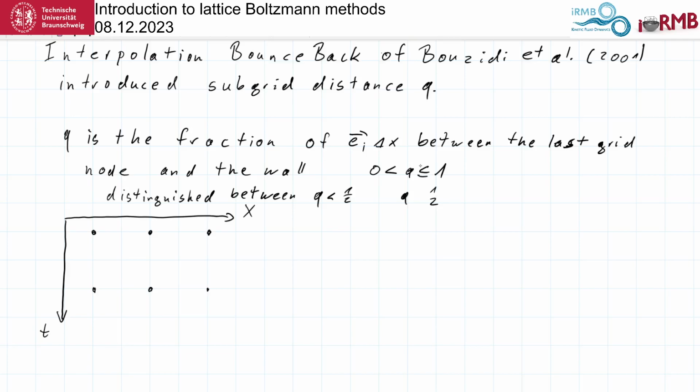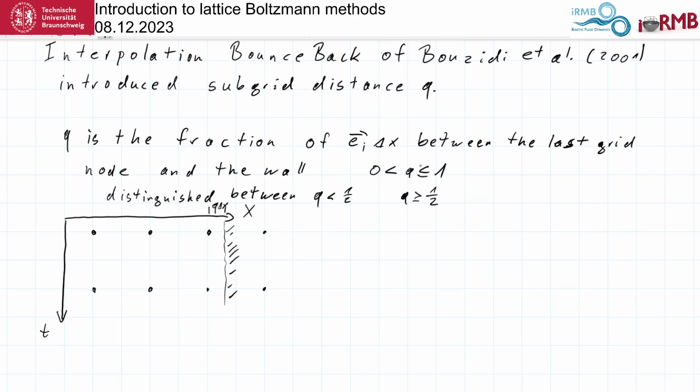Okay, let's start with the condition q is smaller than 1/2. It means I put my boundary here, because this distance is q delta x.